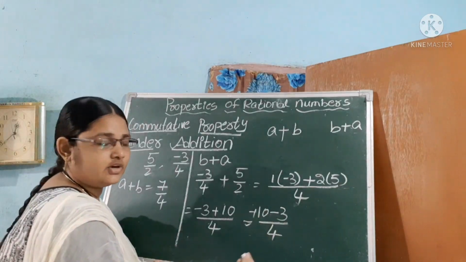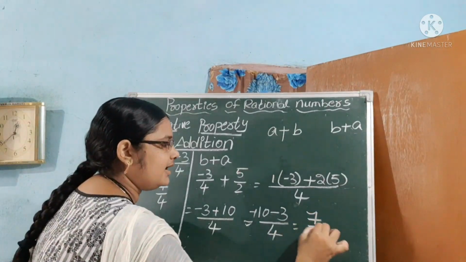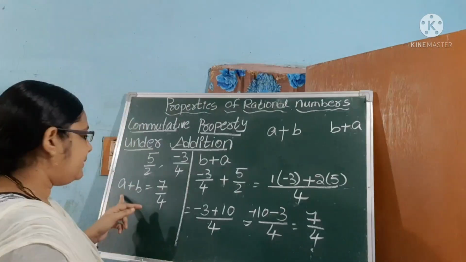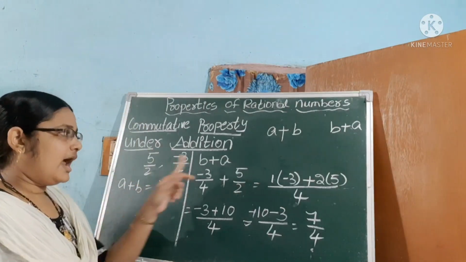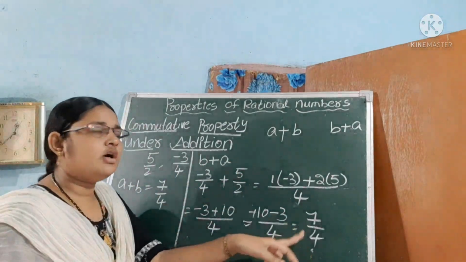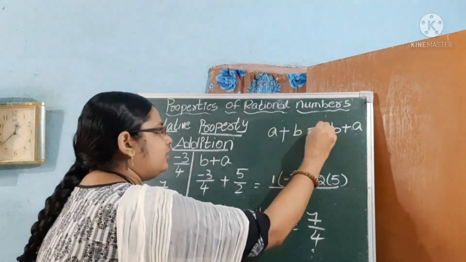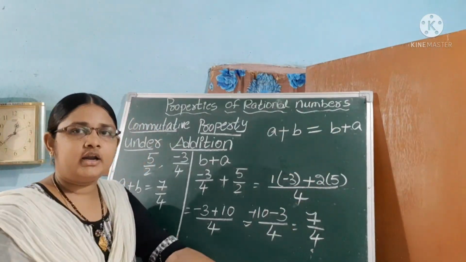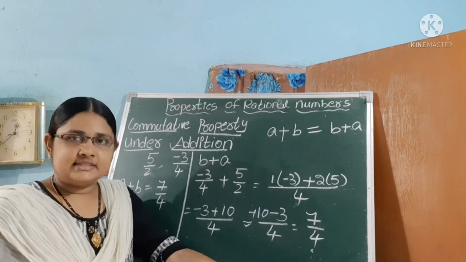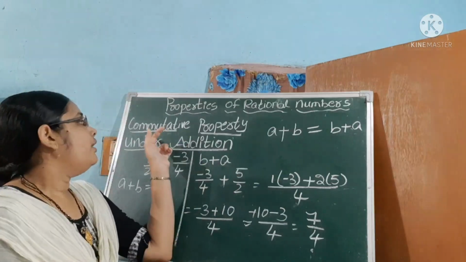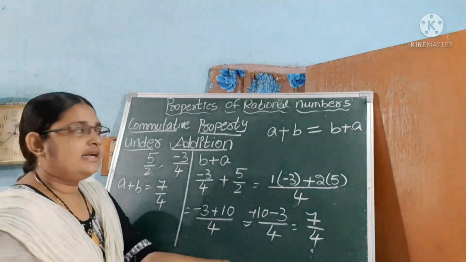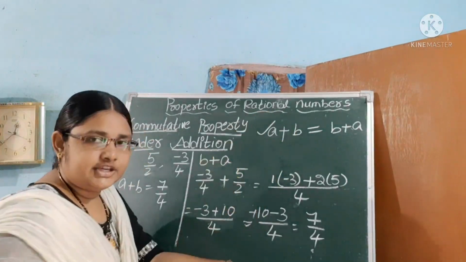So 10 minus 3, what is the value? 7 by 4. So A plus B value is 7 by 4 and B plus A value is also 7 by 4. Here if we change the order, the result will be the same. Is it clear? So commutative property satisfies under addition.